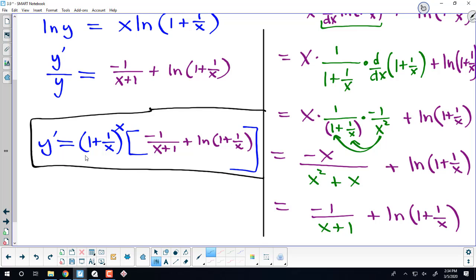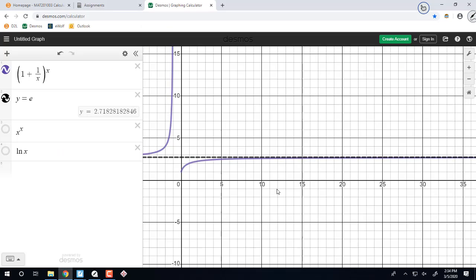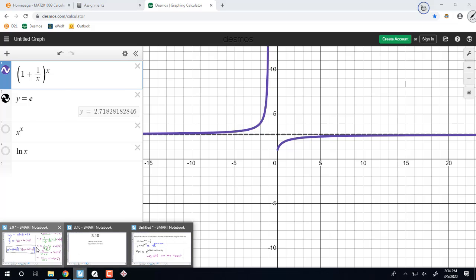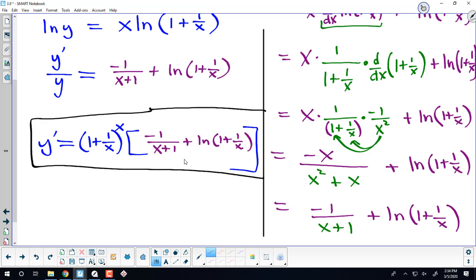So that, again, that function there, y prime, tells us how to find the slope of this purple function here. What's the slope at 5? I put 5 into my derivative for x. I have that slope.